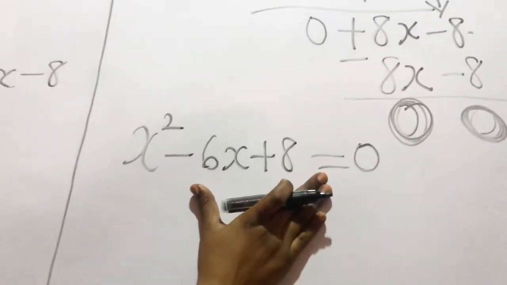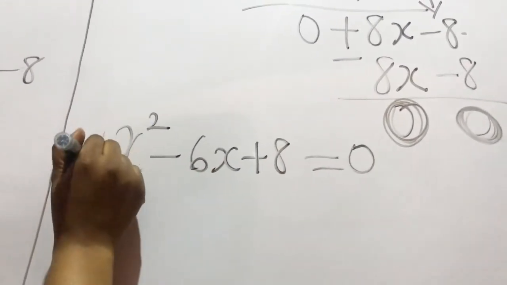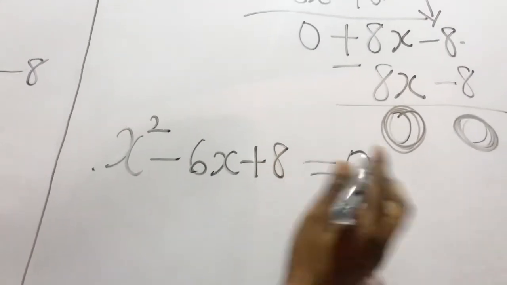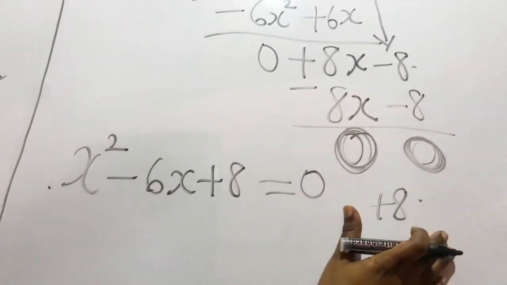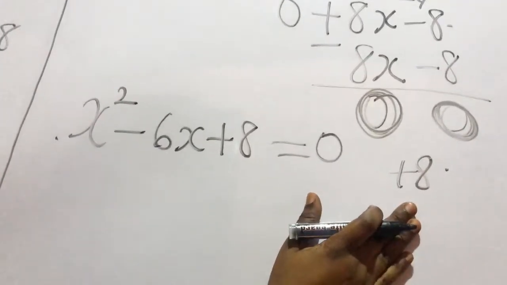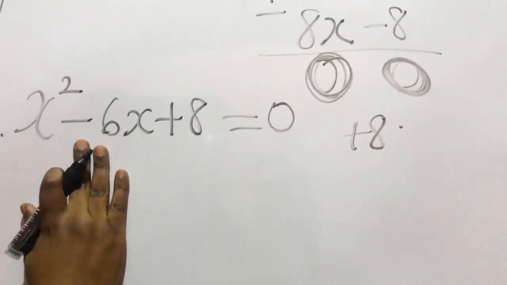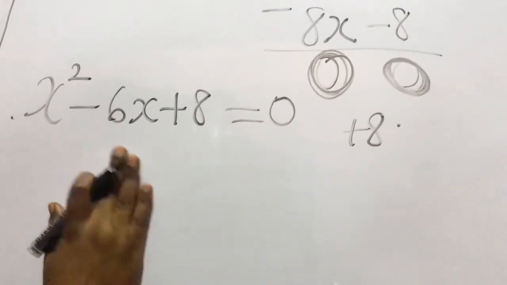And to factorize the quadratic equation, I have to multiply the coefficient of x squared by the constant here, which is 8. So I got plus 8. So I need to look for two factors of plus 8 that after adding them together, I must get minus 6. So that means I need minus 2 and minus 4.